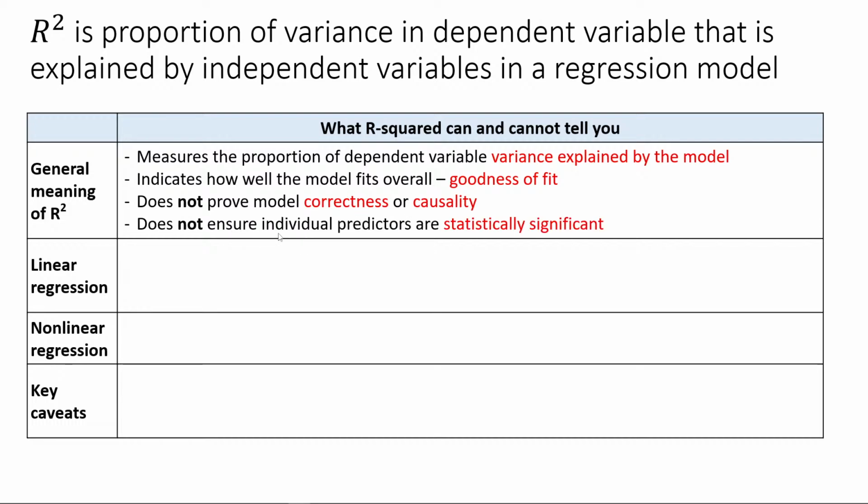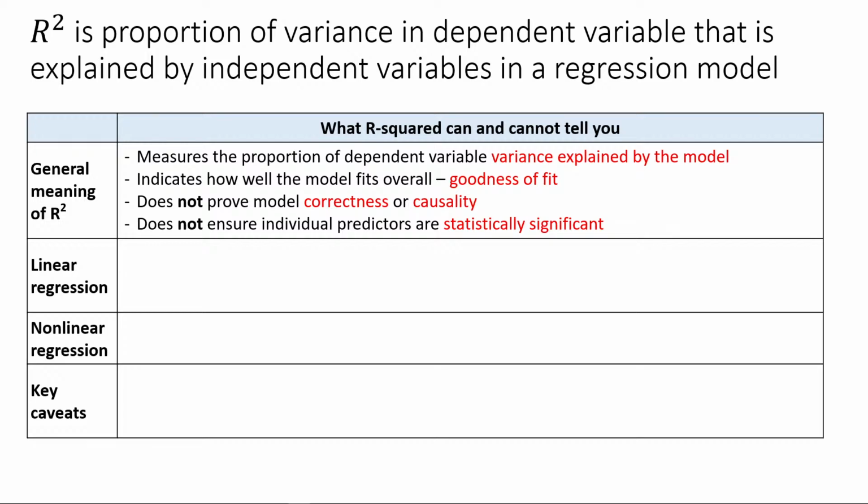It does not ensure individual predictors are statistically significant. Again, the same example: the temperature of the Earth could be rising with time, but it does not show you whether there is statistical significance. For example, harmful algae plumes may be increasing with nutrients, like total nitrogen, and you get a perfect fit, like 0.99.